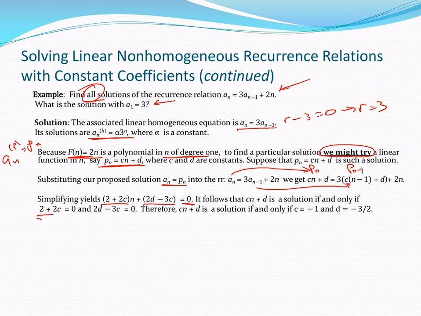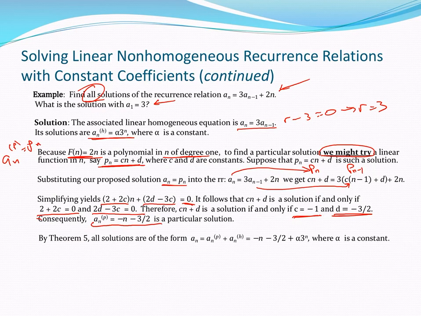So we get 2 plus 2c equals 0 and 2d minus 3c equals 0. If we solve for c in the first one, we get c is equal to negative 1. Substitute and solve for d in the second one, you get d equal to negative 3/2. And now I can write down my particular solution. ANP equals minus n minus 3/2.